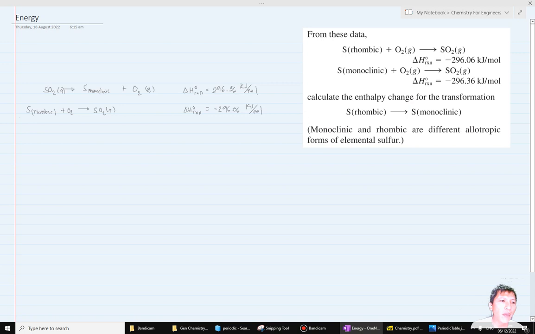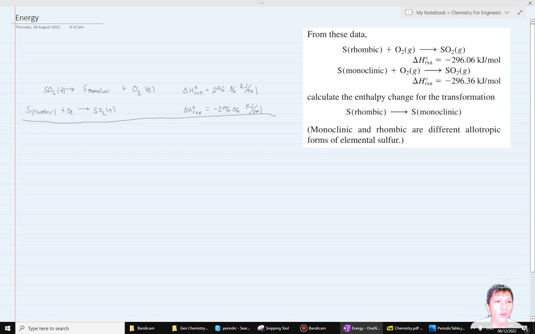When you're adding chemical reactions, that is a summation of chemical reactions. When you add them, if a reactant and a product appear on both sides, they should be cancelled off.